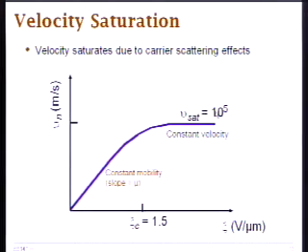Velocity saturation is equal to 10 to the 5 meters per second, and is approximately equal to this value for both NMOS and PMOS transistors. And we introduced this concept of critical electric field, that is the field across your channel where your carriers become velocity saturated.